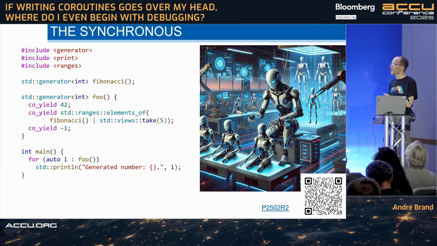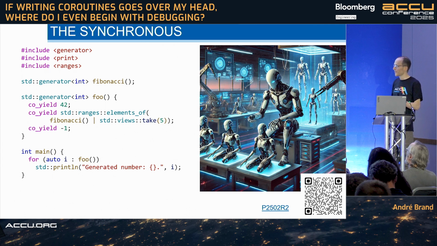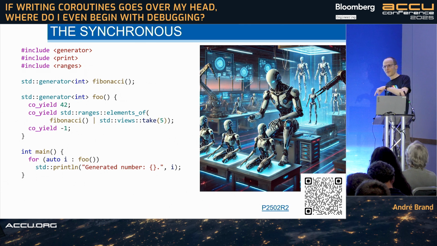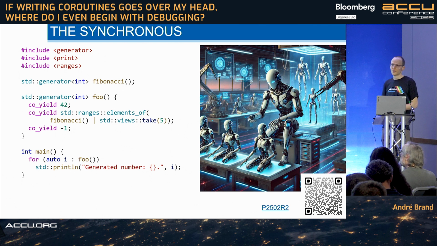So if you wrap a ranges type in ranges elements of, instead of returning the range itself that you got as an argument to the caller, it will step into the nested generator, pick the first value, suspend there, and return it to the caller of the outer generator. So depending on if you yield a value or a range elements of, the coroutine return type or its promise type chooses where to go next.